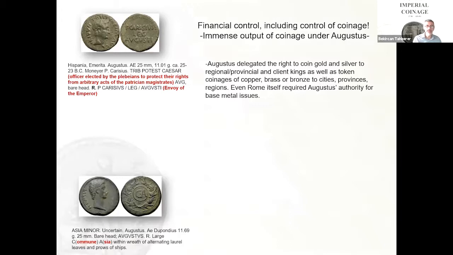And realizing and appreciating the importance of small change in different parts of his empire, he gave permission to certain regions to coin in base metal. So this is from Asia Minor. Nobody knows yet where these coins exactly were minted.